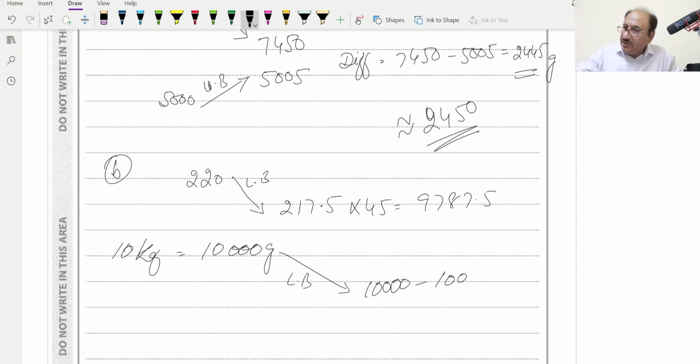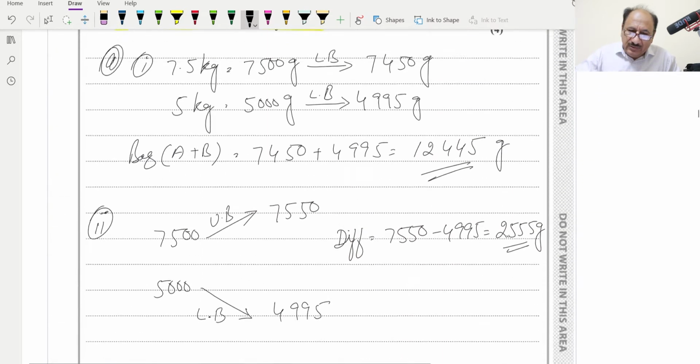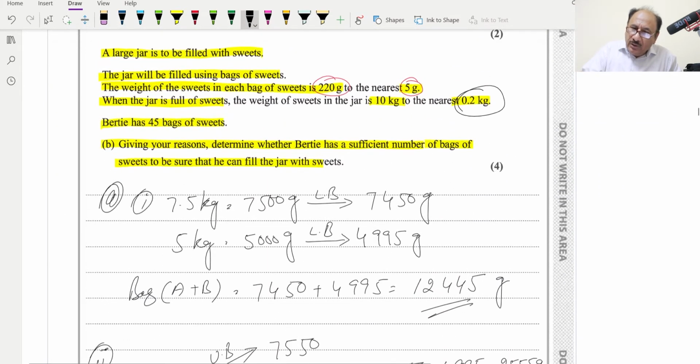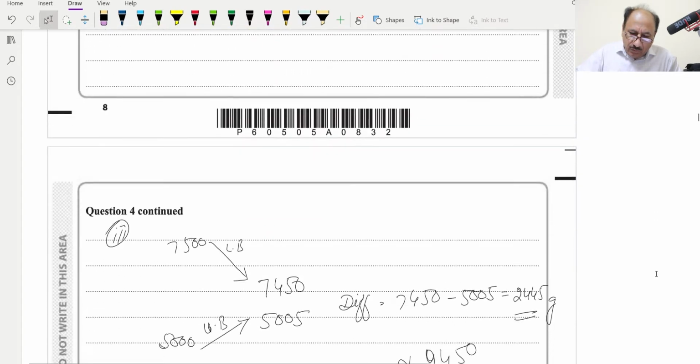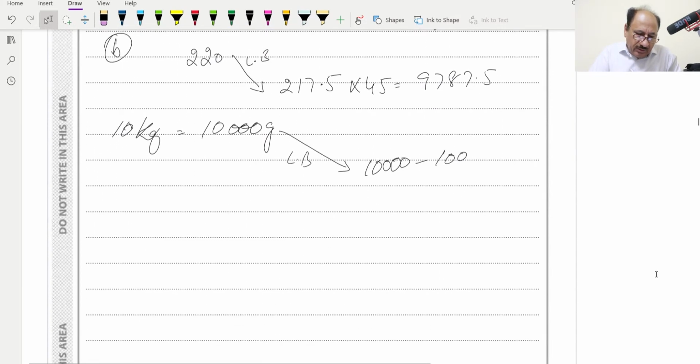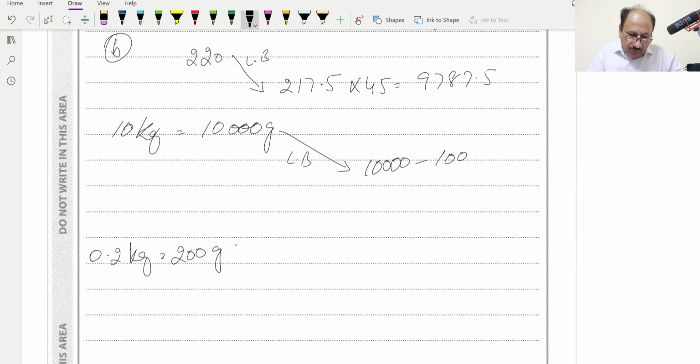Because they are saying 0.2 kg, and 0.2 kg is 200 grams, so we divide this by 2 to get 100 grams.